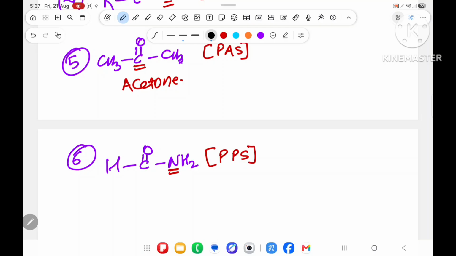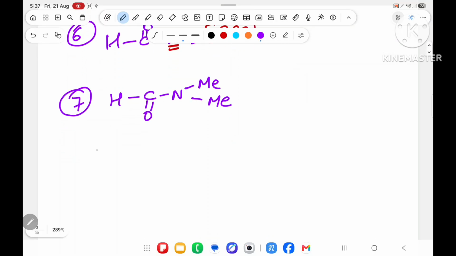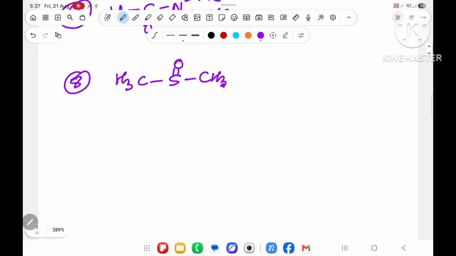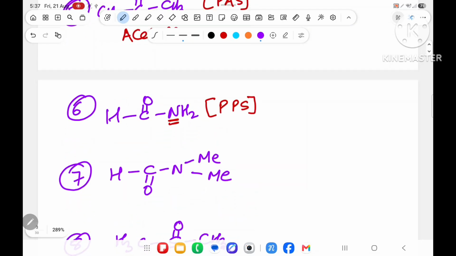Everyone, okay. Some more examples I am going to write. Seventh one, HC double bond O, N(Me)2. Acha. Next, eighth one, H3C S double bond O CH3. Next one, P double bond O with three N(Me)2 groups.